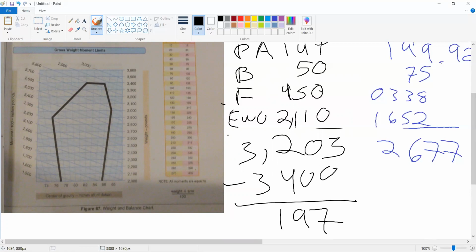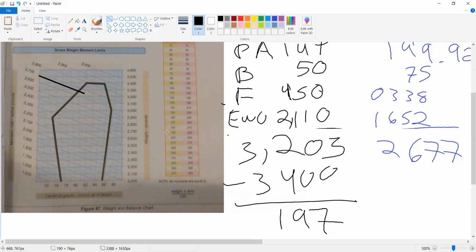And then this is 2677. Well, that is fine because that is below 700. So we're within limits, and 197. So we're good. So that would be A. We are 197 pounds under allowable gross weight.